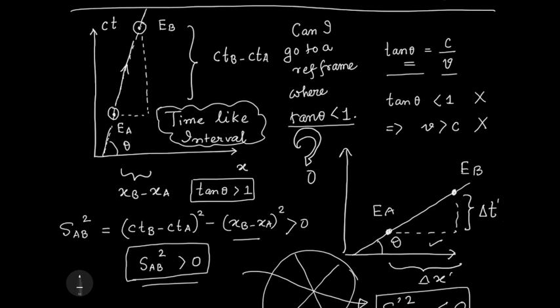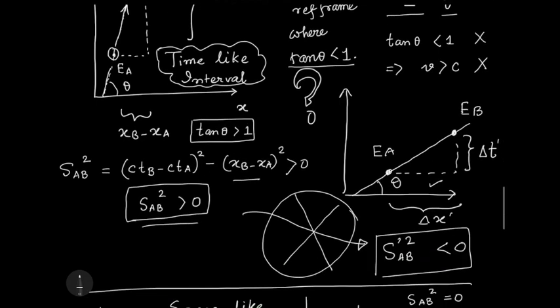And that brought us to three different types of intervals, where first we looked at the time-like interval, and we came to the conclusion that for an object which is moving with velocity v, we cannot change the reference frame in any way such that in one reference frame it attains a velocity which is greater than the speed of light.